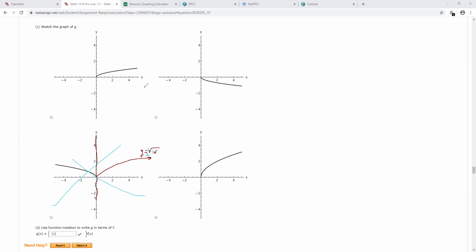But anyway, this one would be a reflection over the x-axis, and also compressed closer to the x-axis. So that's not it, because all we're doing is taking this one and compressing it only. So which one is left? It's either this one or this one. First one. The first one, good. Because this one is, oh, wait a minute.